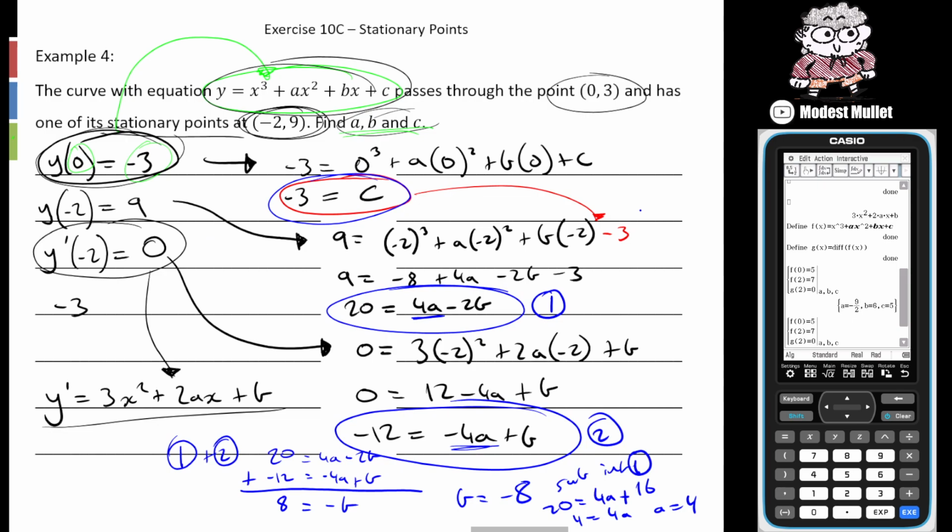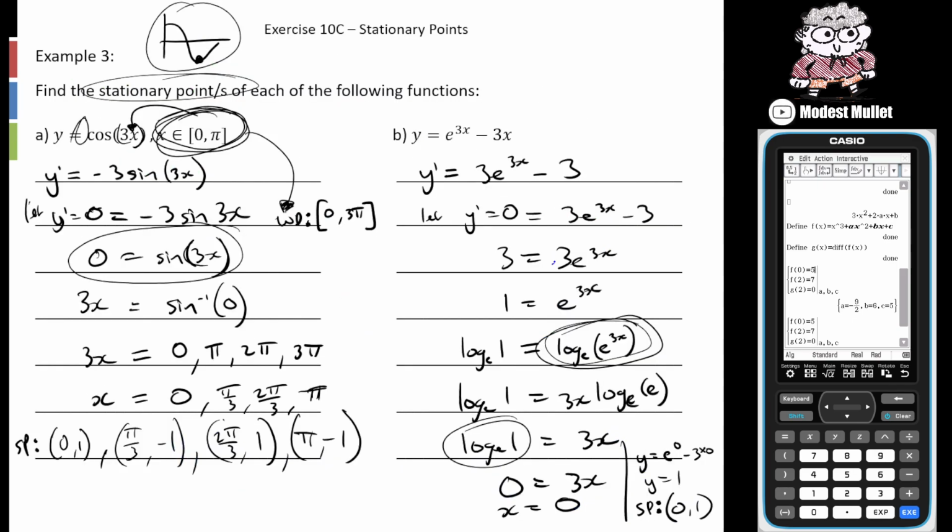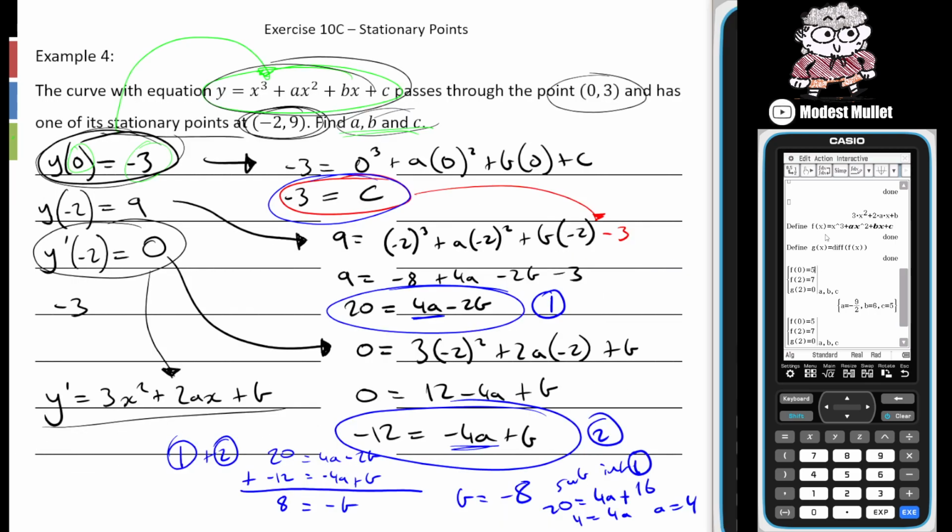So our three key points we knew: y of 0 was equal to negative 3, so let me change that 5 to negative 3. We were also told f of negative 2 was equal to 9, and then our derivative, which we've called g of x in our CAS, not f or y dash or f dash, g of negative 2 was also equal to 0, the gradient was 0.